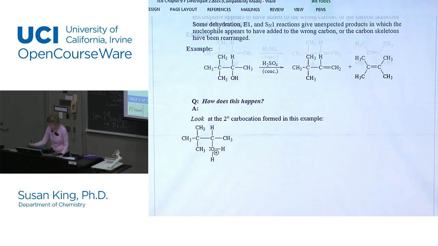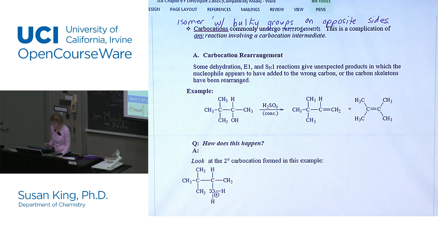So it's not every single time, but it's a lot of the time. Some dehydration E1 and SN1 reactions give unexpected products in which the nucleophile appears to have added to the wrong carbon or the carbon skeletons have been rearranged. And that's actually exactly what is happening here.